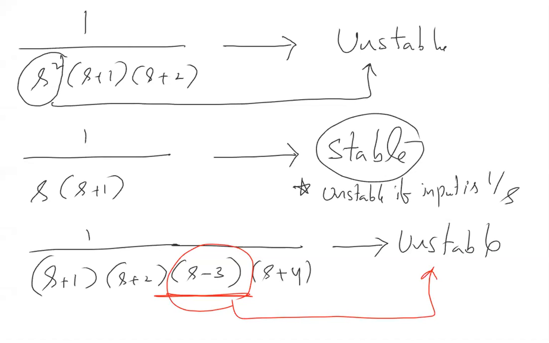Third one is unstable because of s minus 3. Because you have to think, this is nothing but a simple mass. Because s minus 3 on inverse Laplace transform becomes e power 3t. At infinity, what is the value of e power 3t?